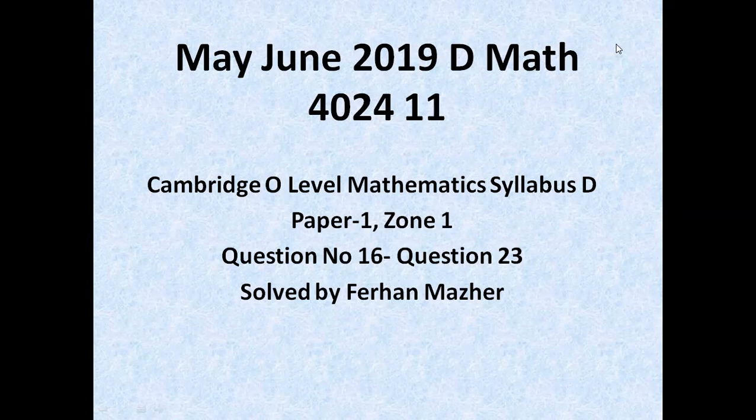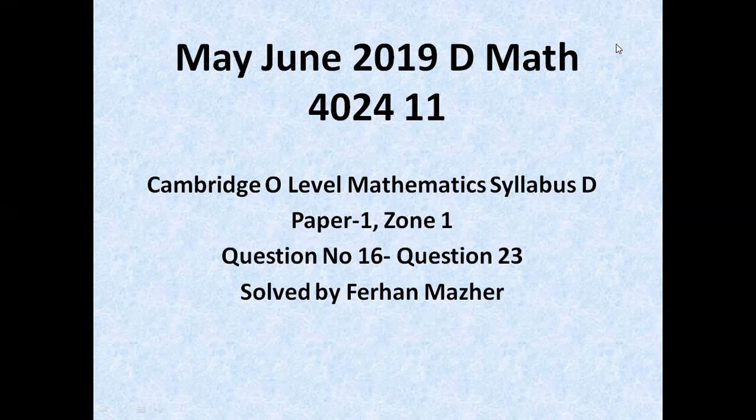Right now, I am with the 11th Cambridge class, and the subject we are studying is D Maths 4024. This is Cambridge O-Level Mathematics Syllabus D. Today, we have set our hearts to solve a paper one, and we have selected the May-June 2019 1-1 paper.